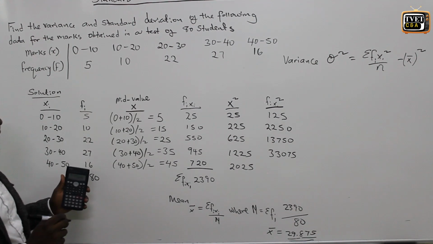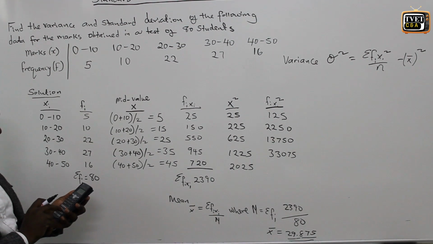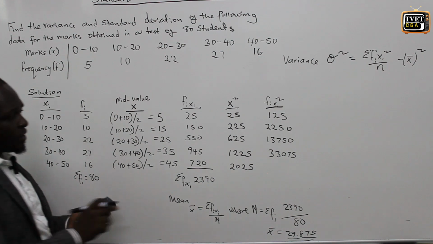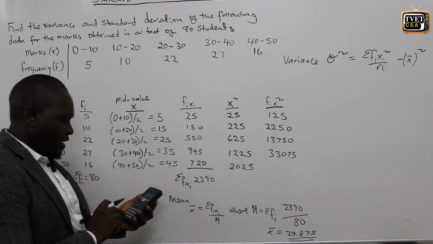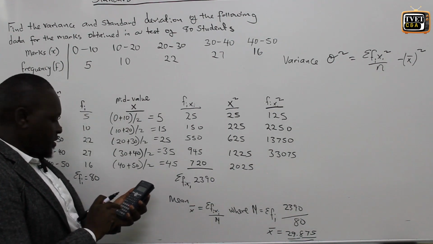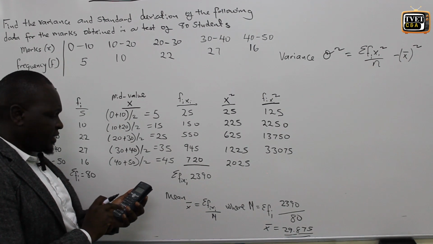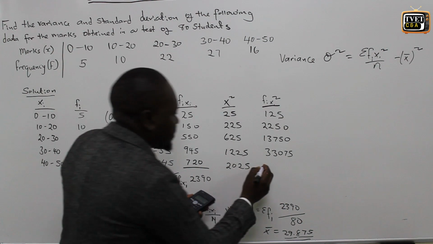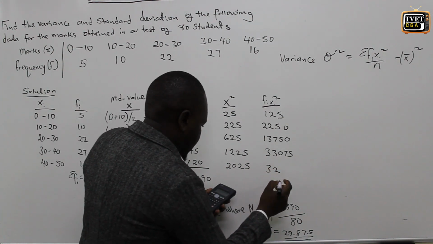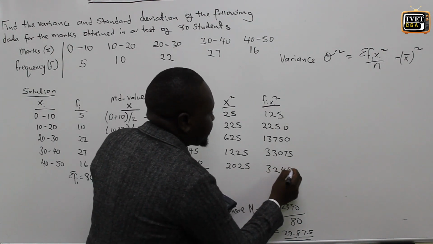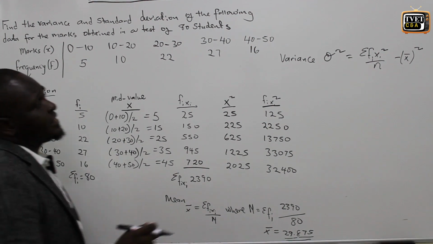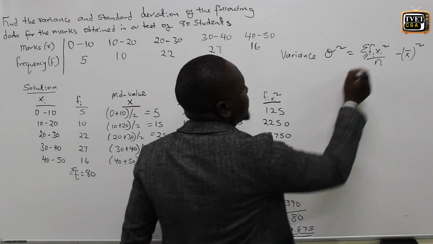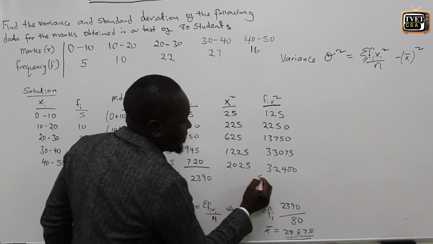Then finally we'll have 16, the frequency, times 2025. 16 times 2025 will come and get 32,400. When you look at the formula, it says the summation. So you'll come and sum here.